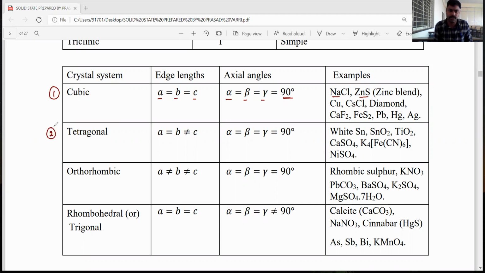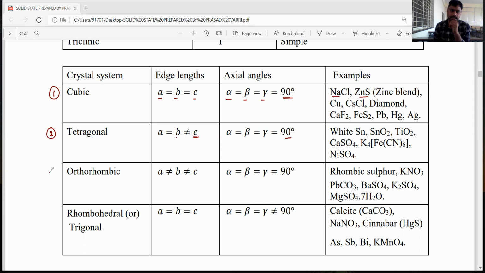And the second one is tetragonal crystal system. There only 2 edge lengths are equal. A is equal to B, not equal to C. And the axial angles are all 90 degrees, means they are perpendicular with each other. Examples: white tin, tin oxide, titanium oxide, calcium sulfate, potassium ferrocyanide, and nickel sulfate.